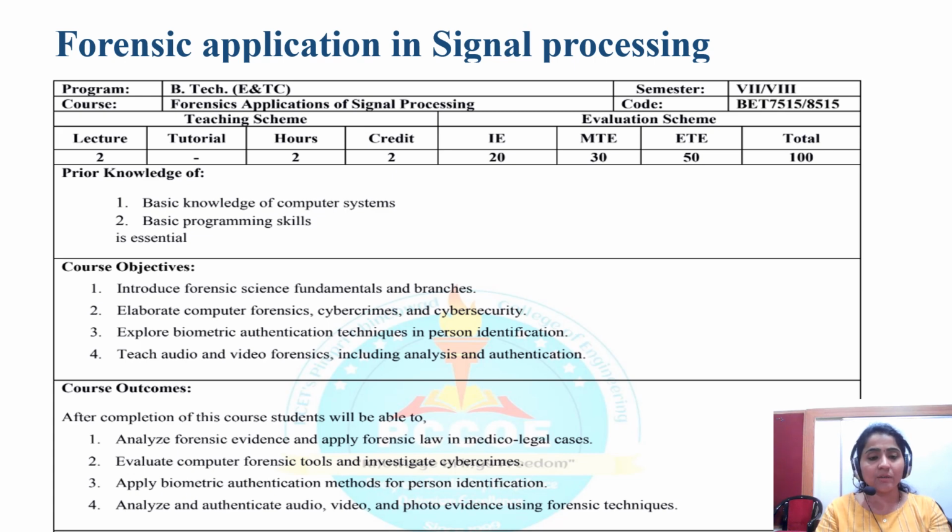The first objective is to understand the fundamentals of forensic science, as it is the first subject of this kind introduced in the signal processing stream. We should understand what forensic science is and the fundamental terminologies related to it. After that, we understand the different cyber crimes and cyber securities, how the process is carried out, and the different related terminologies.